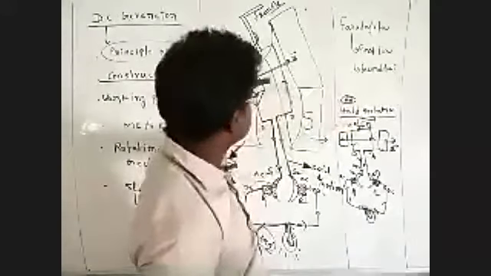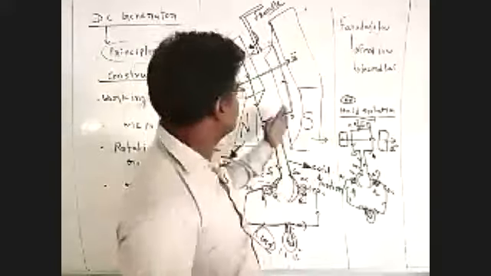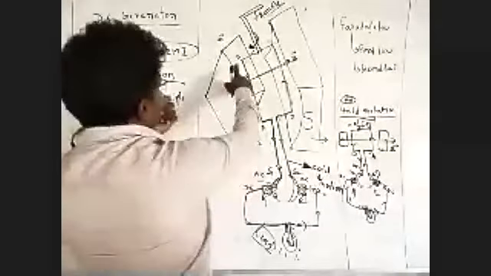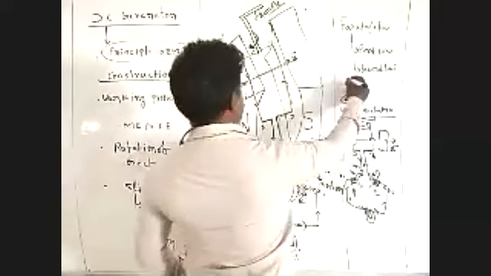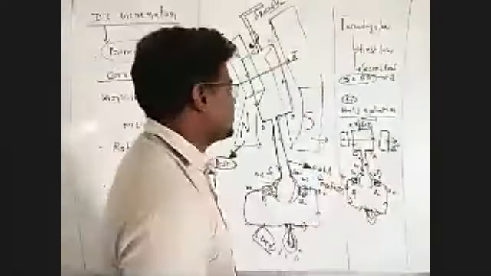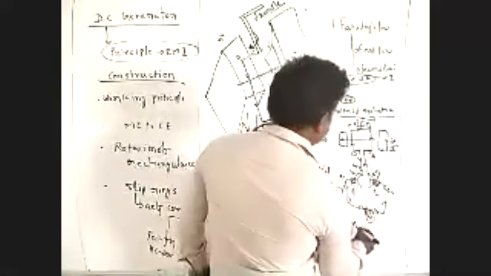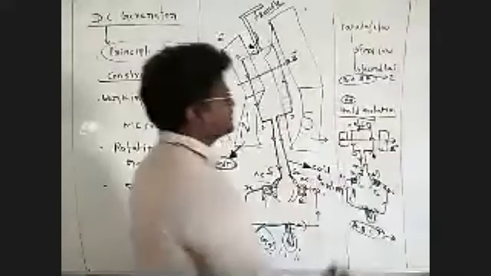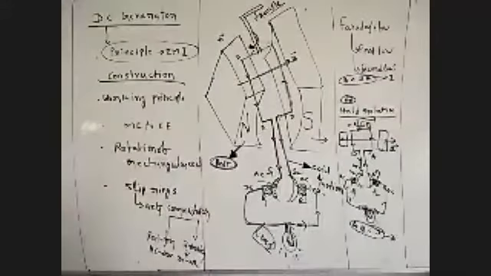In the first half rotation, the current direction is from B C D A. In the second half rotation, the current is from A B C D. The current is in the reverse direction. That is the working principle.